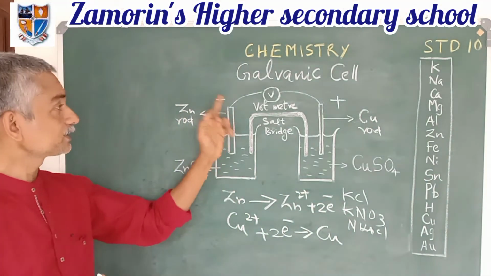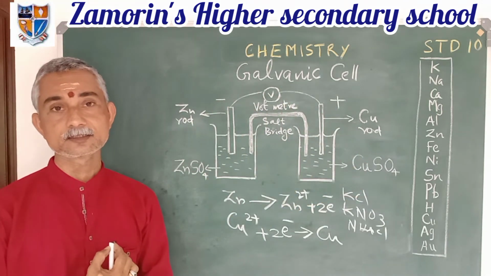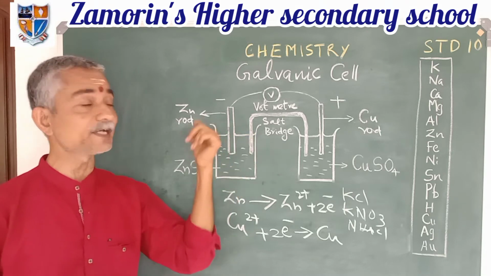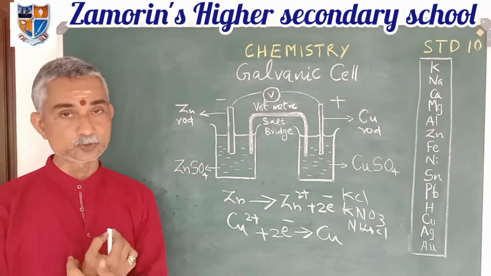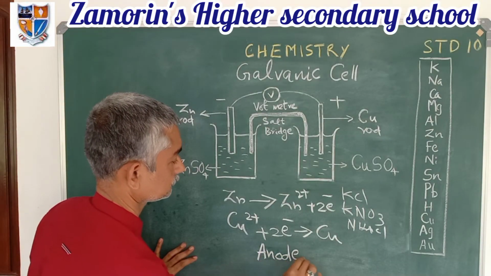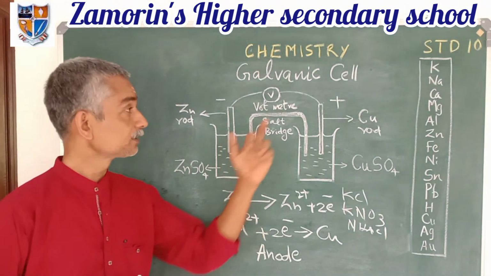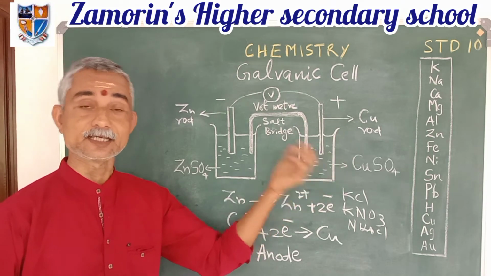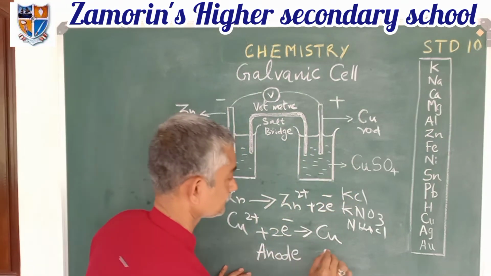So oxidation takes place here, reduction takes place here. The electrode at which oxidation takes place is negatively charged, and it is called the anode. And the positive part where the reduction takes place is called the cathode.